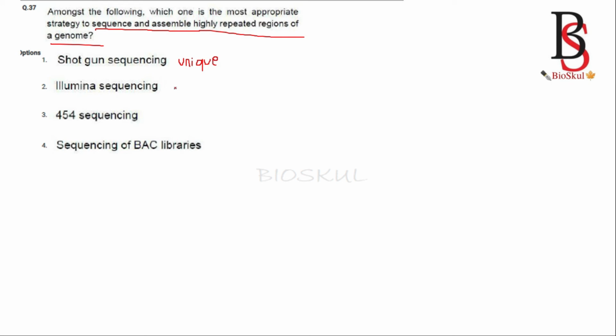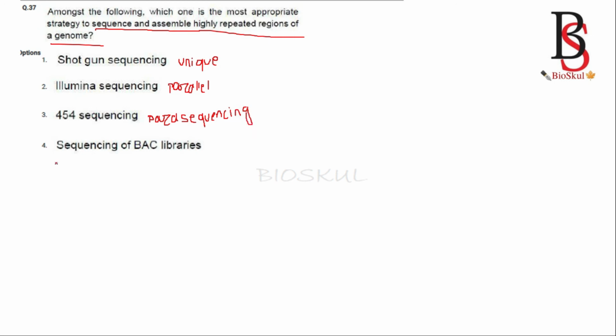Illumina sequencing is parallel sequencing, it can sequence multiple strands at once. 454 sequencing is also parallel sequencing.